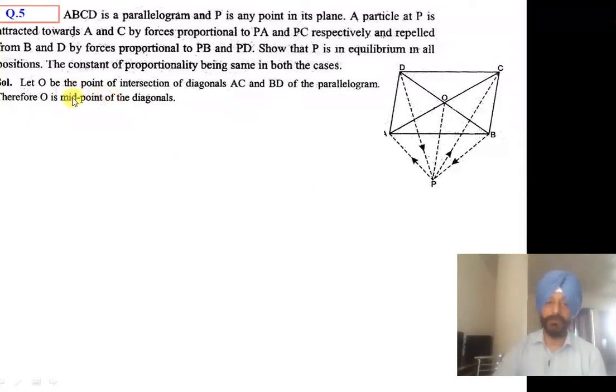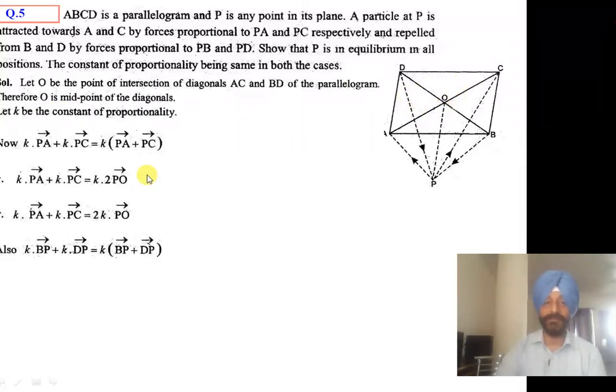Let O be the point of intersection of the diagonals AC and BD of the parallelogram. Therefore, O is the midpoint of the diagonals. Let K be the constant of proportionality. Then K into (PA plus PC).